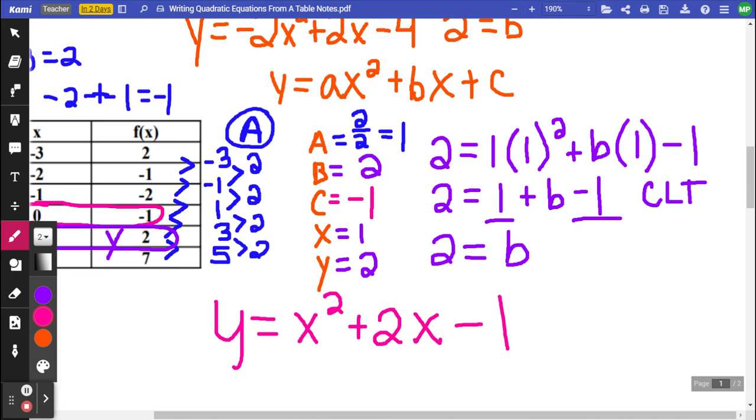It's where x equals 0. Thumb up if you get that we're just picking a point on a table for x and y. It does not matter what that point is, but what's the easiest one to pick? 1, where x equals 1. Thumb down if solving for b gets you most confused. Be honest. Thumb up if you get solving for b.